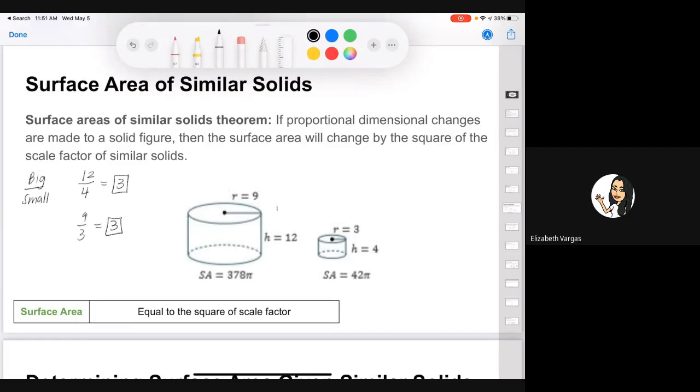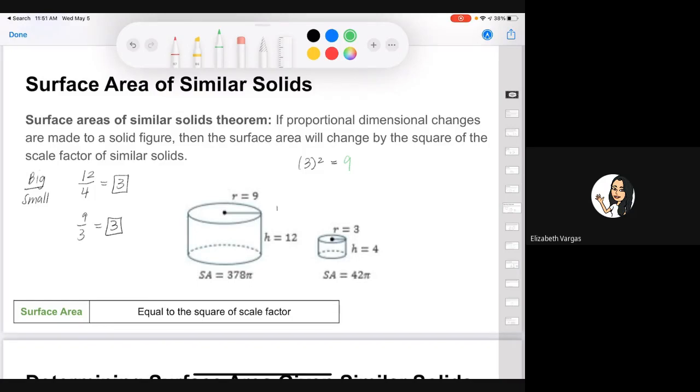But what this theorem is telling me is from that, I can identify how my surface area changes from one to the other, because my surface area is going to change by the square of that scale factor. Well, if you square that scale factor, what it tells you is my surface area should be changed by a factor of 9.